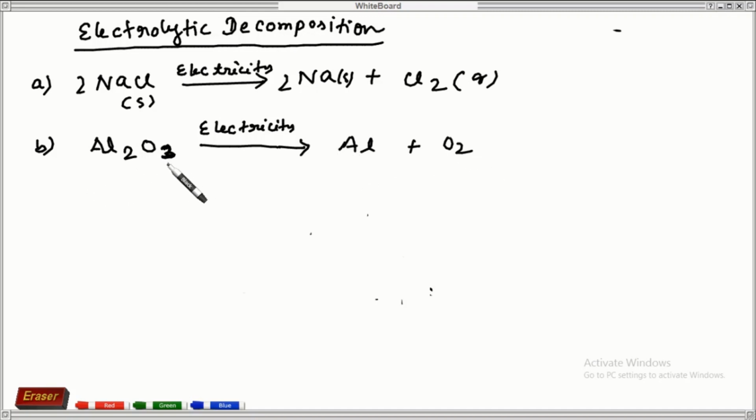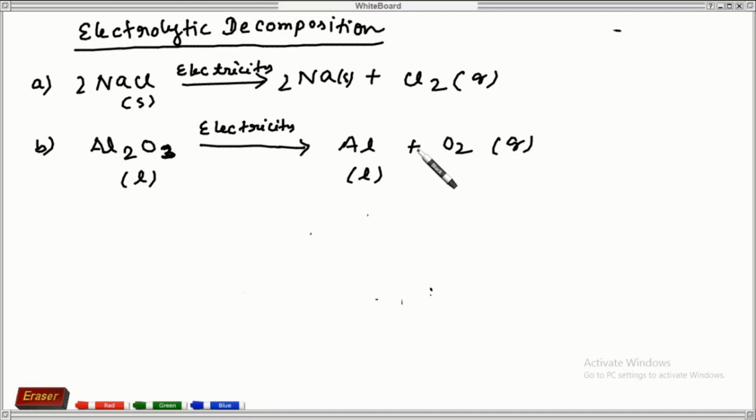Al2O3 is in molten condition. That means this is not a solid, this is liquid. And what do we get? Aluminium in molten condition, meaning when we get the product, this aluminium is also in liquid condition. And oxygen is obviously a gas. So Al2O3 breaks into aluminium and oxygen.